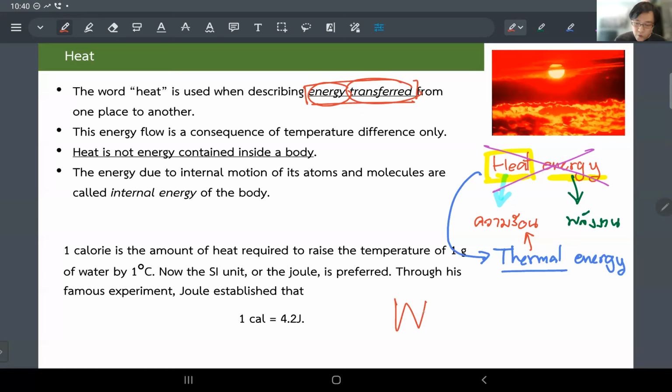So W is force times displacement, right? Remember this one. But what was the work that you were talking about? You were saying, oh, Ajahn, every time you do force times displacement, you transfer energy. Like I'm pushing a table, I transfer energy from me to the table, so the table starts to move.